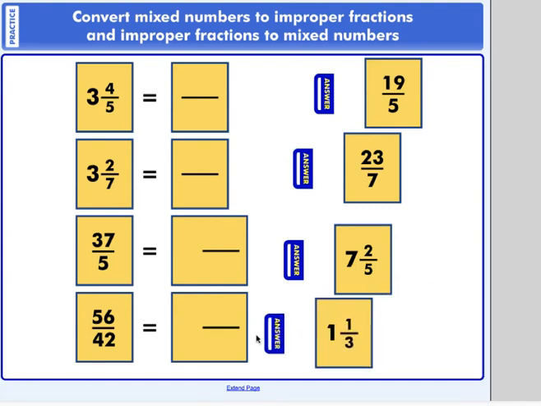Oh, of course, they had to simplify it for us. And we'll work on simplifying later. Some of you might have thought to simplify that. 14 over 42 is the same equivalent as 1/3, so 1 1/3. But if you got 1 and 14 over 42, you did a great job.